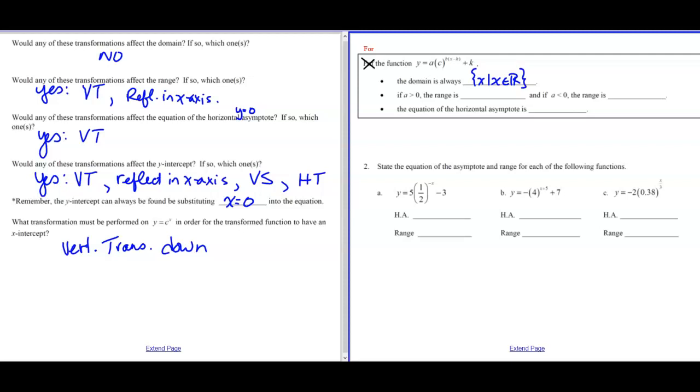Normally, it's y greater than 0. Yes, y greater than k, because it hasn't been translated, so it may have been stretched, which is still above the x-axis, but then k's been added on. K positive will be above, k negative will be below the x-axis, but in any case, it's always going to be y greater than k.